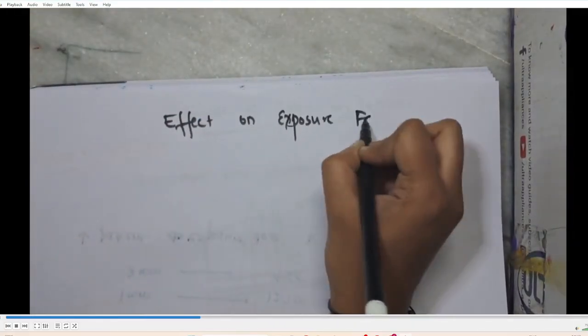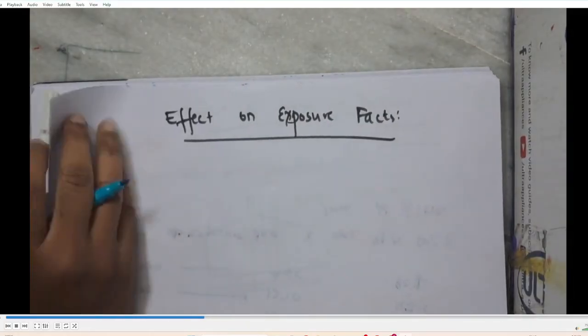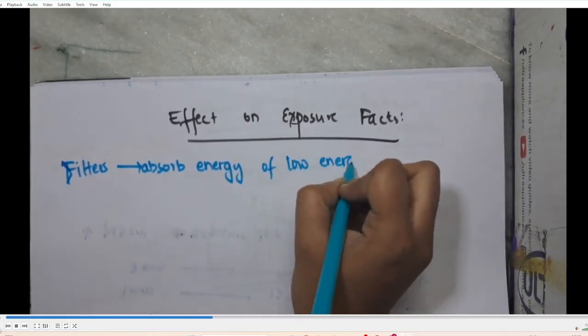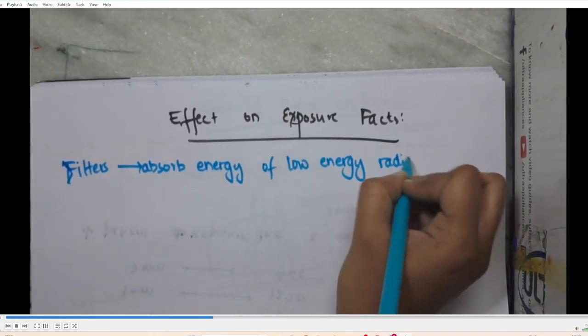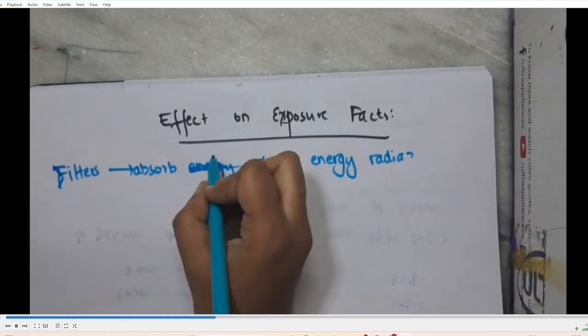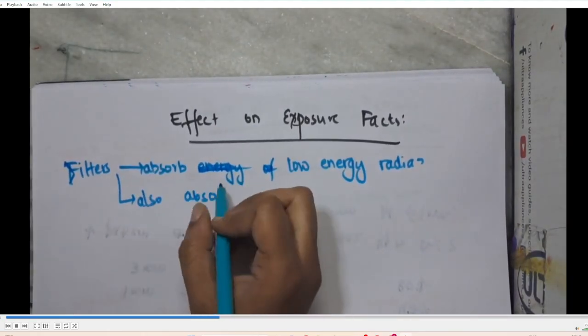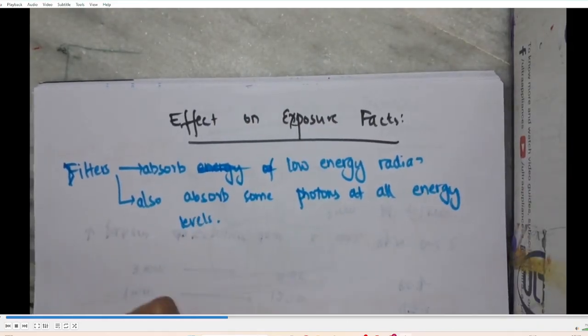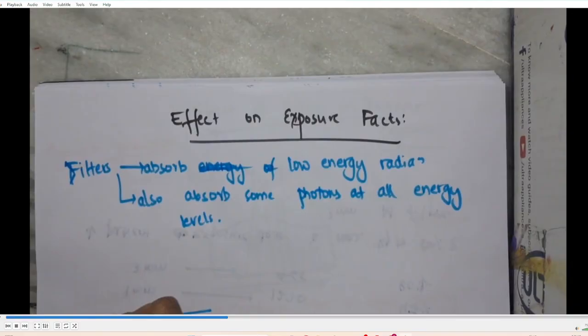The second thing is the effect of filters on exposure factors. The major disadvantage of filtration is that filters absorb low energy radiation and cause a reduction in intensity of the X-ray beam. The filters also absorb some photons of all energy levels.